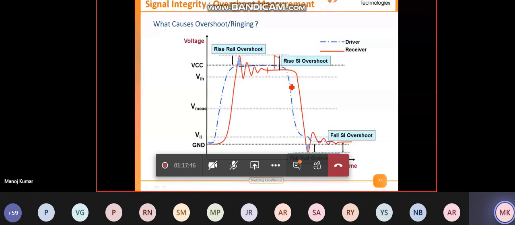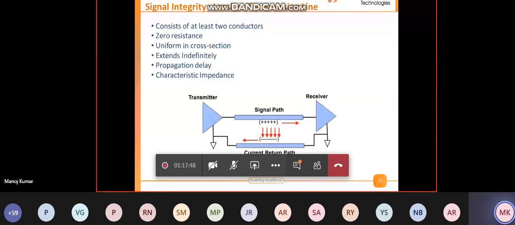Prior to looking into these challenges, we should first understand what a lossless transmission line is. A lossless transmission line is used to propagate energy, power, sometimes in optical fiber light situations like this. It basically consists of two conductors, one for the signal path and one for the return current path, and it functions in TEM mode, transverse electromagnetic mode.